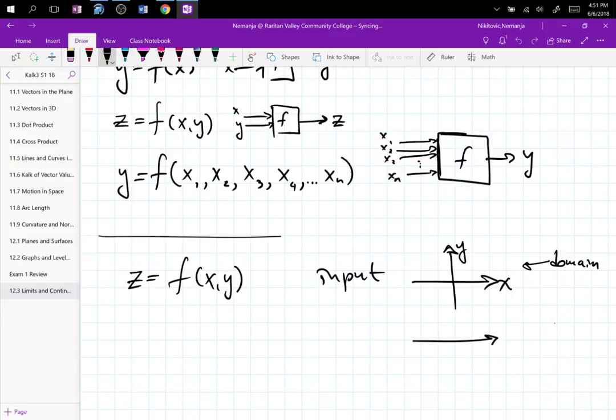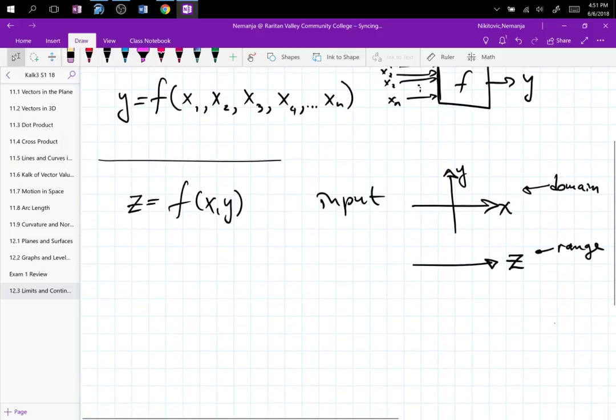And now we'll have the one-dimensional z, which is the range. So that's the preliminary, what we need for this lecture. Another thing that we need for this lecture is the basic knowledge of limit and the definition of the limit and what it means from Calculus 1, because we are just going to add one more variable now. We're not changing pretty much anything.